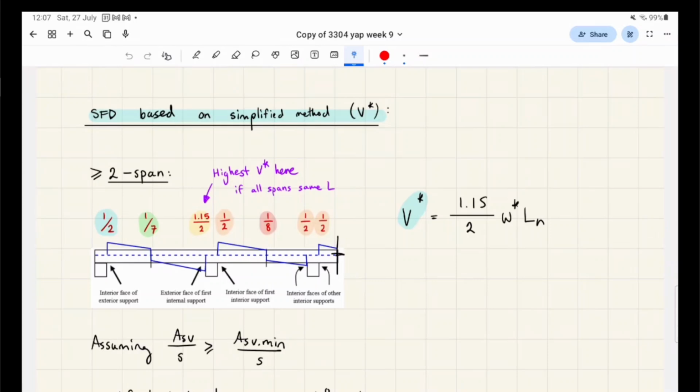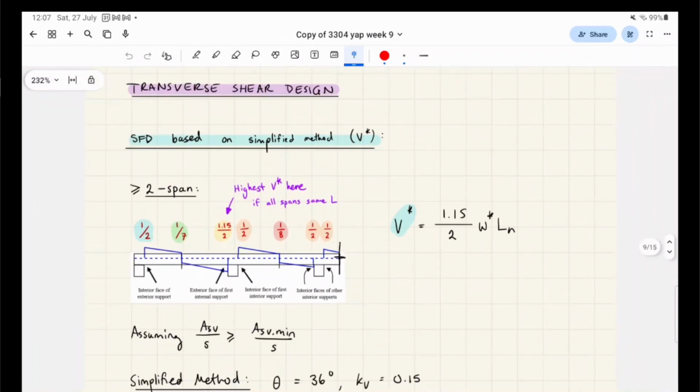Here it is, okay. So we basically have to find the greatest V star, and if all these span lengths are the same, which we can assume because they give us ln equal to 5,000 for this end span, but we're only designing for this end span. So at the first interior support, this is the value we're going to run with.